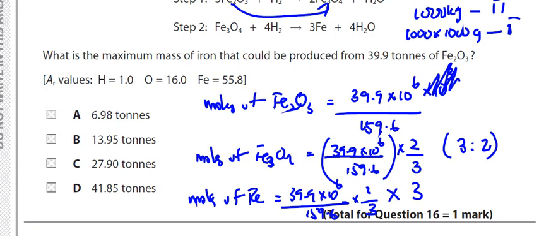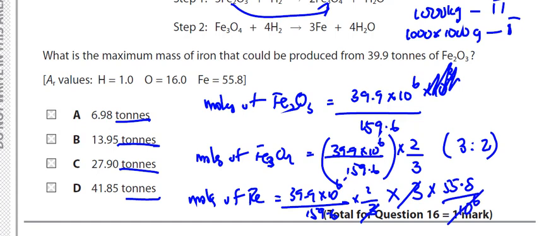Now that you have the moles, you can find the mass of iron. You multiply the moles by the molar mass, and you get the mass in grams. The question is all in tons, so divide by 10 to the power 6, and you get the answer in tons.